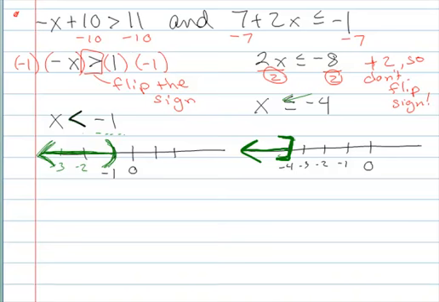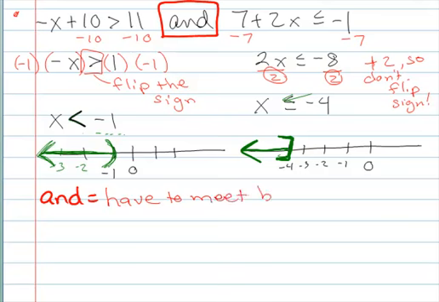Now, where it can get a little confusing is how do we combine these two graphs? Well, I go ahead and look at my original problem. And my original problem said and. What and means is I have to meet both conditions. So we'll go ahead and write that in here: I have to meet both conditions.